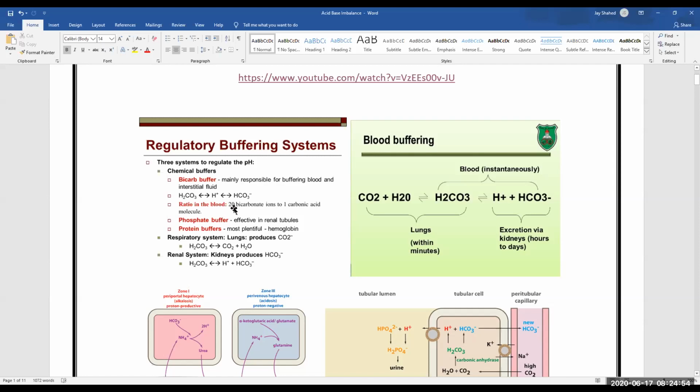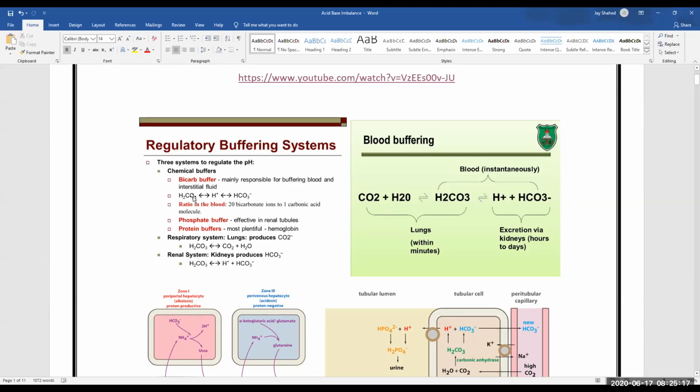In our system we have a ratio of 20 bicarbonate to 1 carbonic acid. This is carbonic acid right here, and this is bicarbonate. So we always have a ratio of 20 of this to 1 of this.